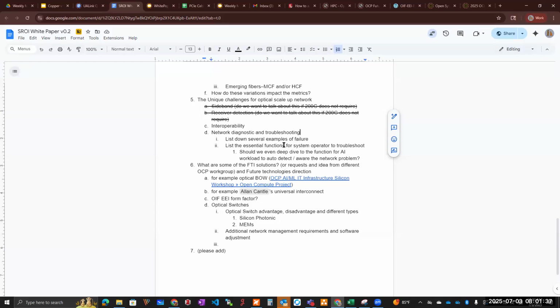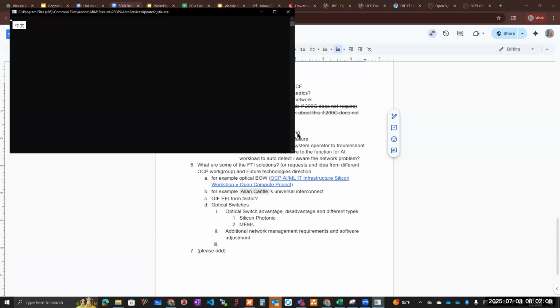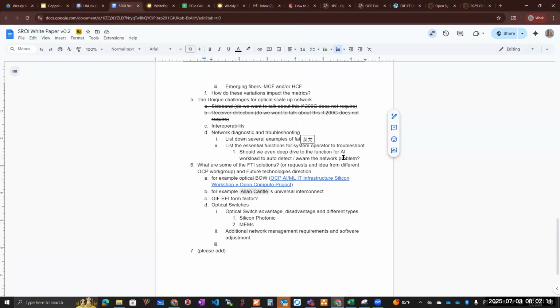I'm not exactly familiar with this part, but I think this is one that we can let more network architect people think about. Is there something specific about how, when an optical failure happens, what can be detected and how to manage that? That can be slightly discussed in here.